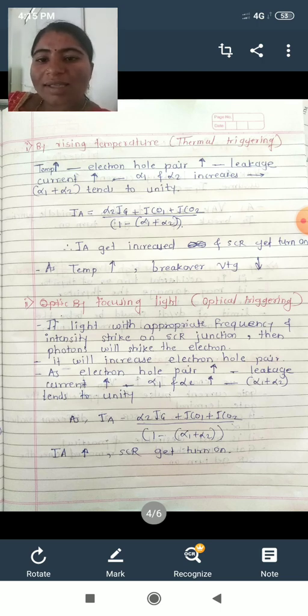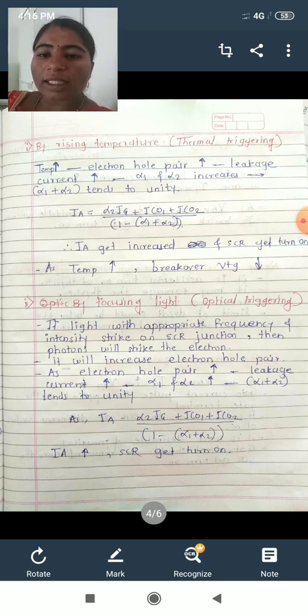And as anode current increases, the SCR gets turned on. When anode current increases, the forward voltage goes on decreasing, and the breakover voltage, VBO, goes on decreasing. Current increases, and this is the condition for SCR turn on. This is by rising temperature.